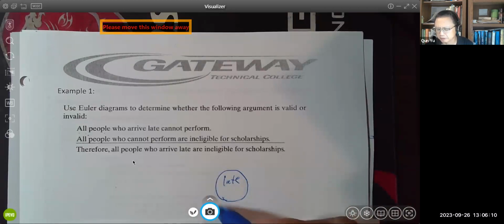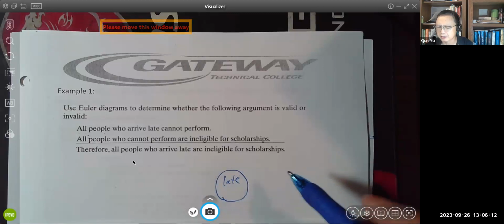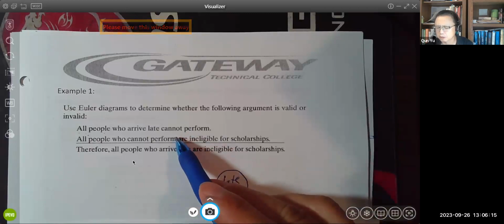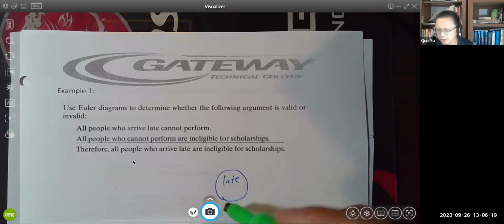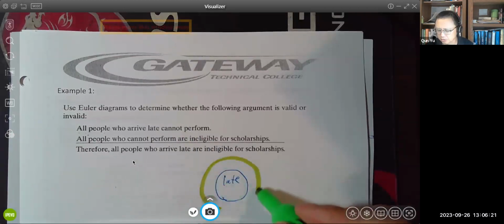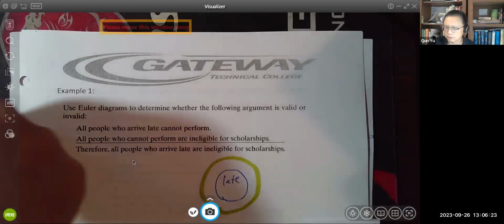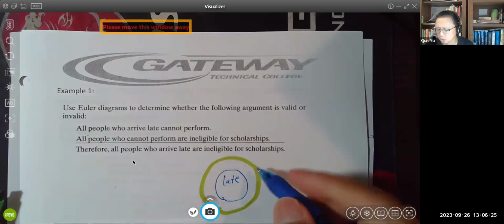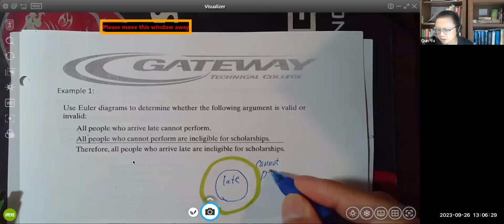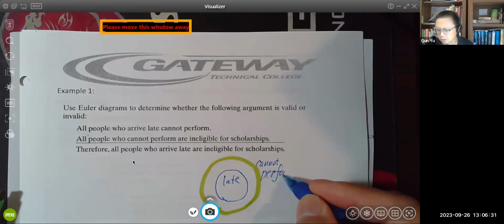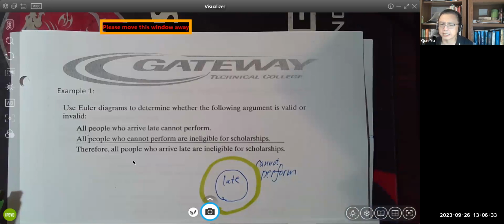I mean, enclose this A. So people who cannot perform will be our second circle B in our model. So this green one represents people who cannot perform. This way I represent the first premise.